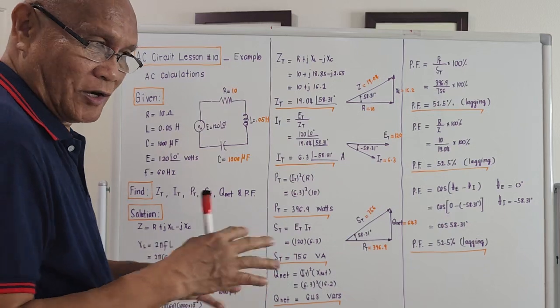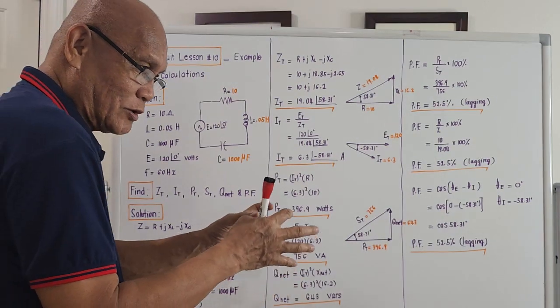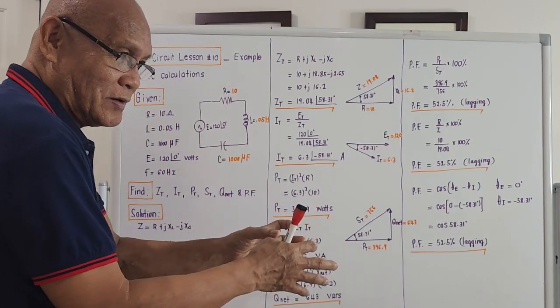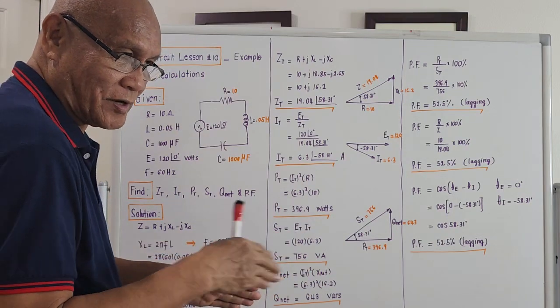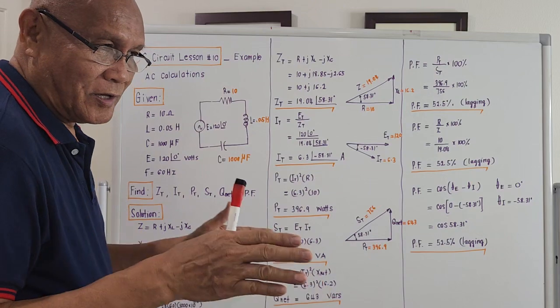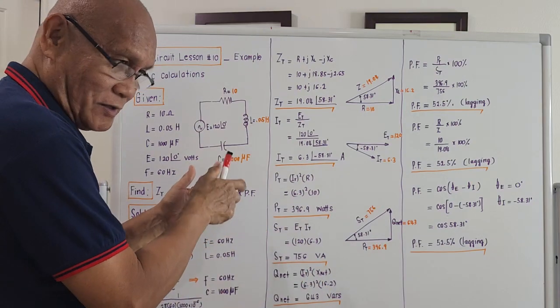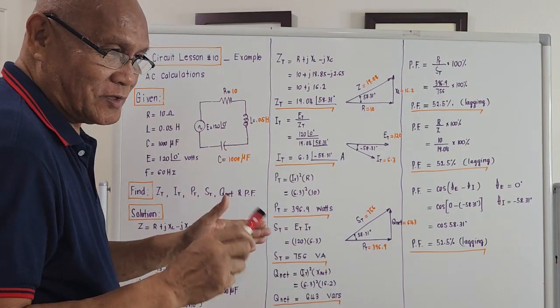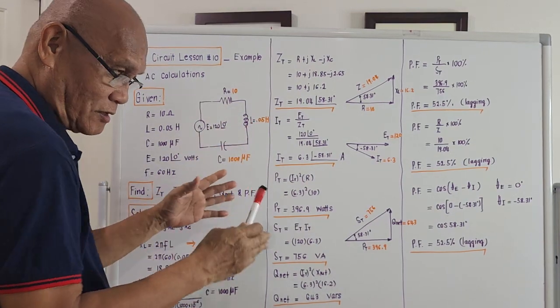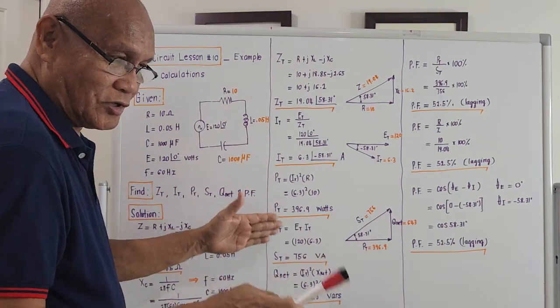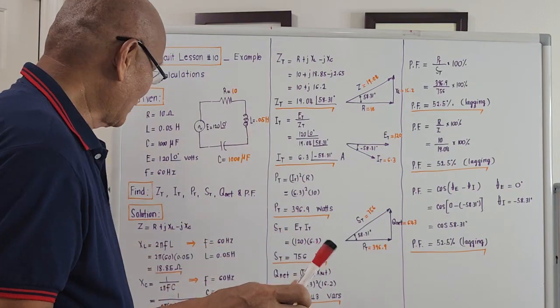It is just a load that is connected to a utility line. There will come a time that we will be discussing series and parallel circuits, but for the meantime, this is not even a series circuit. It seems like one because they are connected in series, but this is just a pure impedance.